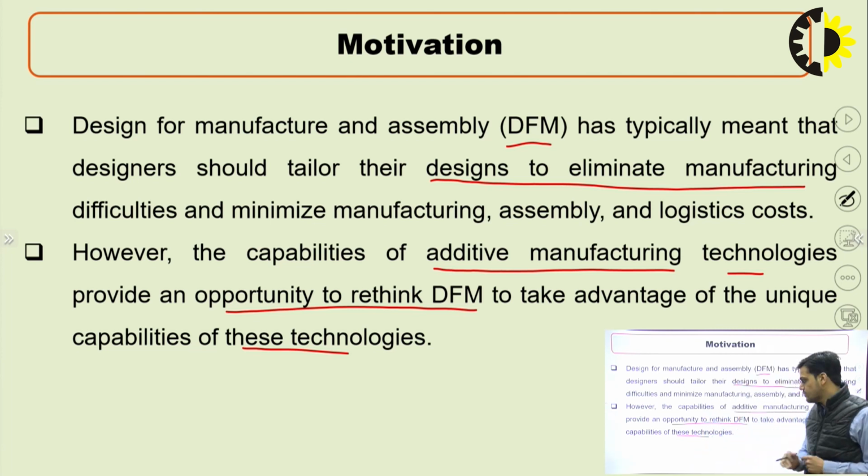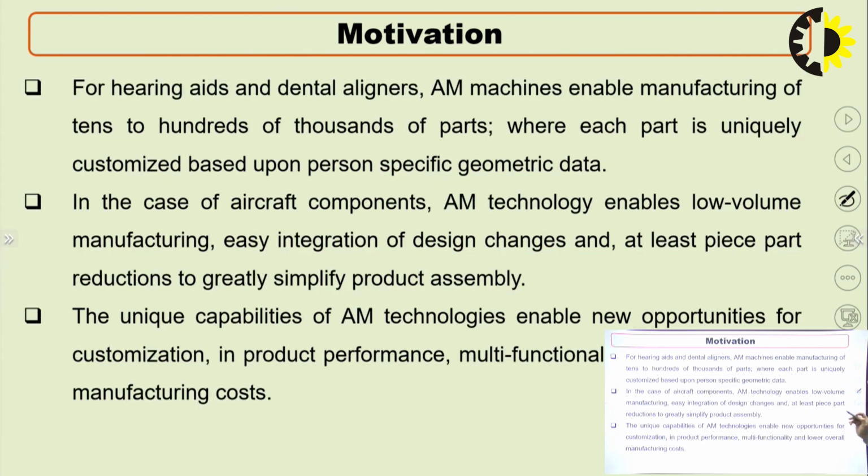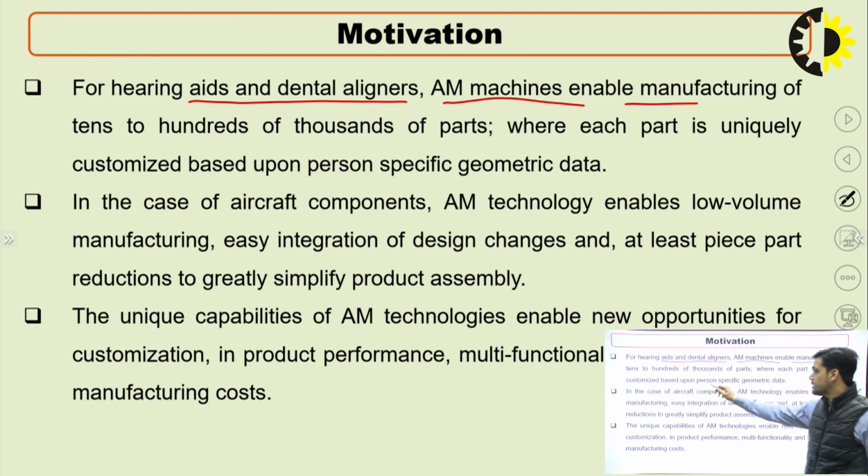Then, as you can see, for hearing aids and dental aligners, AM machines enable the manufacturing of tens to hundreds of thousands of parts, where each part is uniquely customized based upon person specific geometric data.